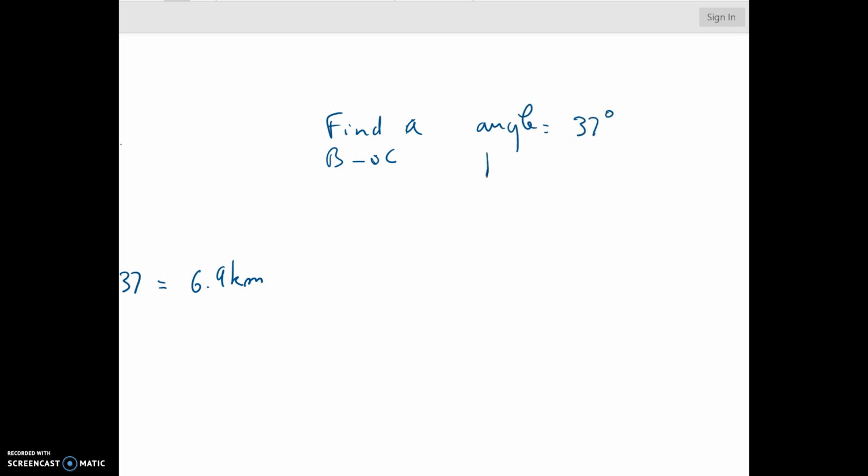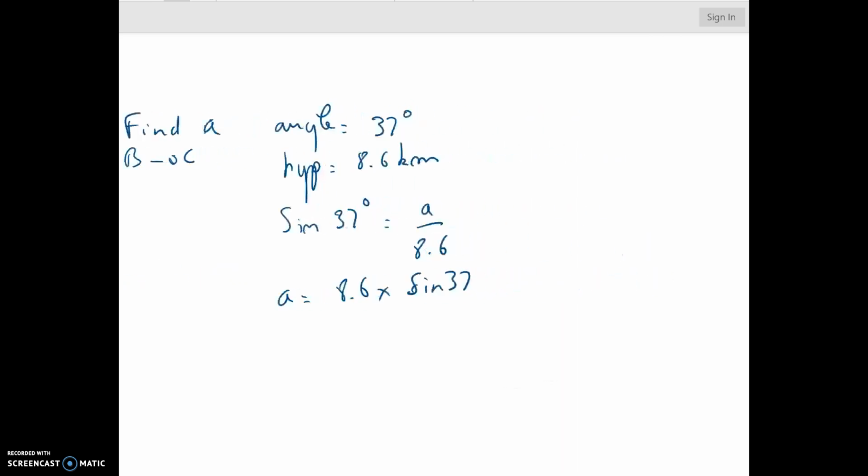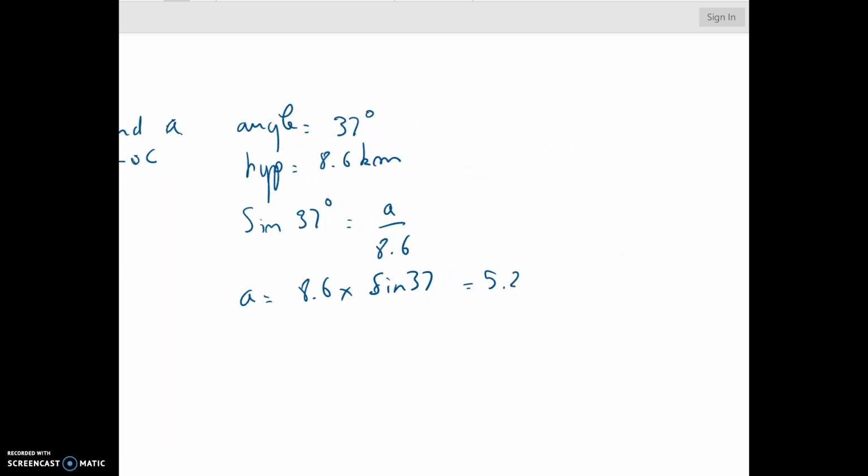I know that the hypotenuse is 8.6 kilometer, and I know that the sinus of 37 degrees is equal to A over 8.6. Therefore, A is going to be equal to 8.6 multiplied by the sinus of 37, and you are going to find 5.2 kilometer.